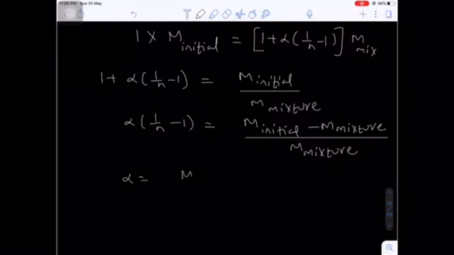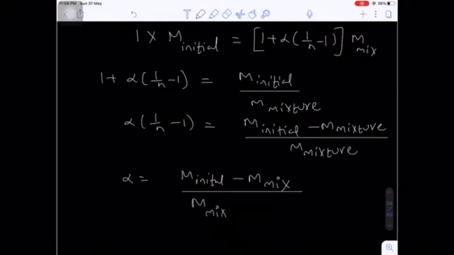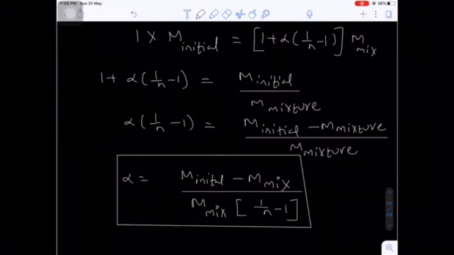Now alpha is equal to molecular weight initial minus molecular weight of the mixture, whole divided by molecular weight of the mixture into (1 by n minus 1). This is in the case of polymerization.